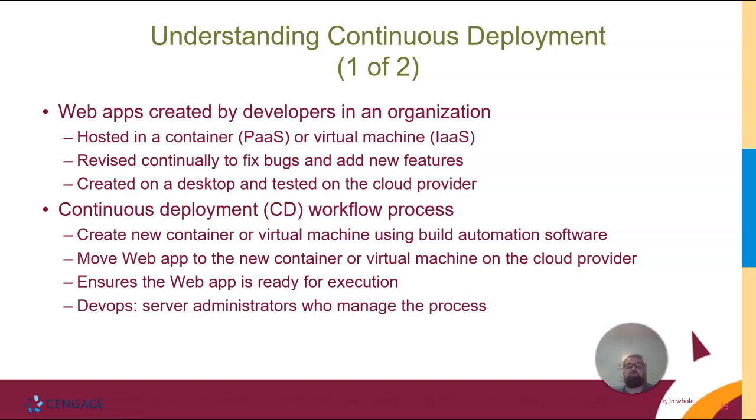The continuous deployment workflow process runs as you create a new container or VM using build automation software. You move the web app to a new container or virtual machine on the cloud provider, and then you ensure the web app is ready for execution, and then the server administrators manage that process for your dev operations.